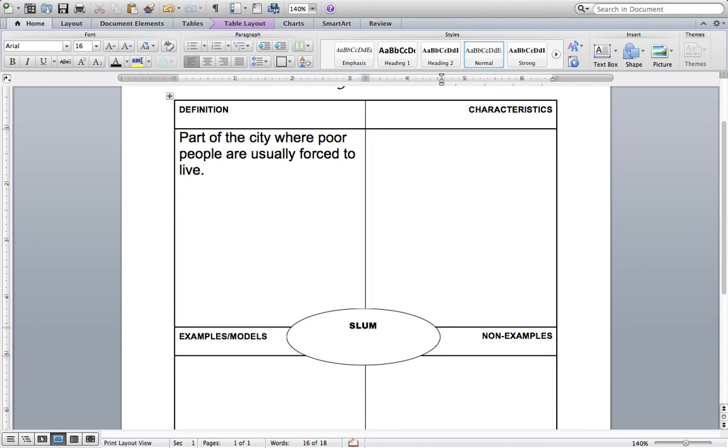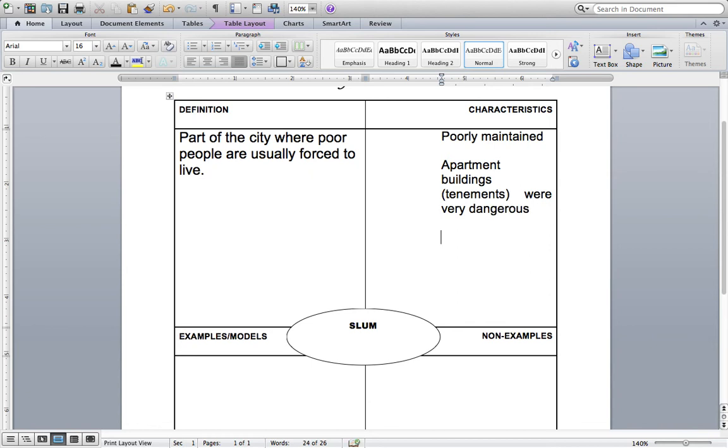So, characteristics of a slum: very poorly maintained. Also, apartment buildings, and those were usually called tenements, were very dangerous.